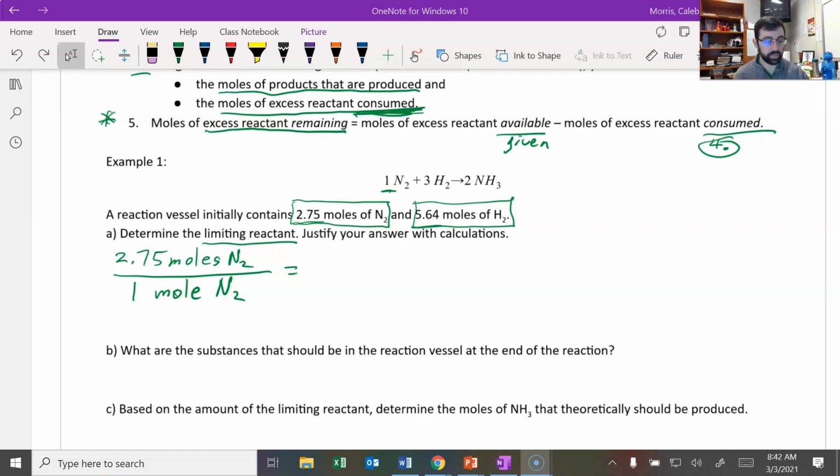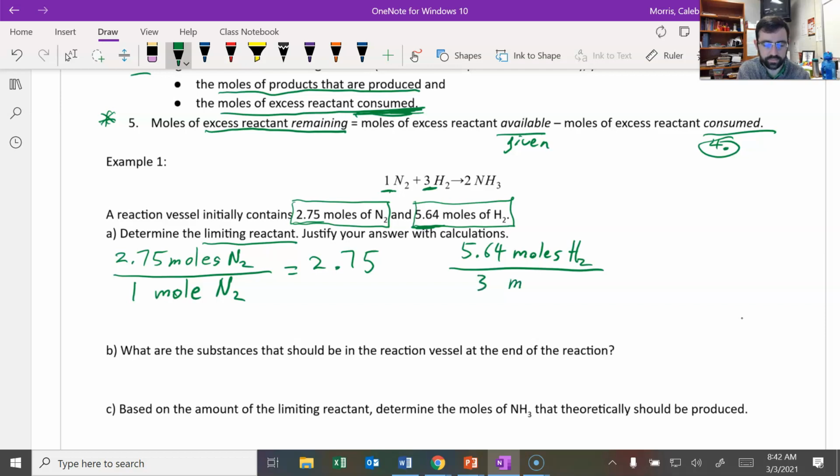So 2.75 moles of N2 over 1 mole of N2 is just 2.75. Then we also have to make a fraction with 5.64 moles of H2 over 3 moles of H2. 5.64 over 3, I might need a calculator for that, is 1.88.